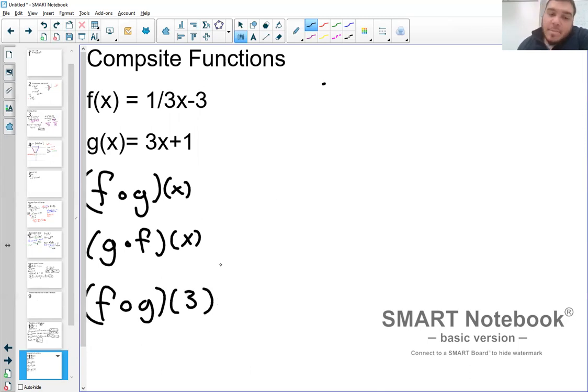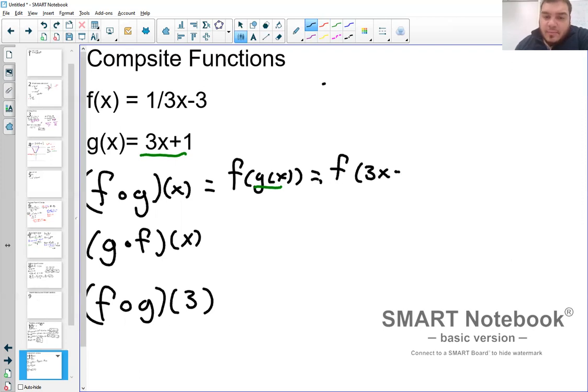And I'm going to throw in a third one, f o g of, let's do 3. Okay. So first, let's do f of g of x. In this situation, all I'm doing is substituting g of x for what it actually equals, which is over here in green. So we have f of 3x plus 1.